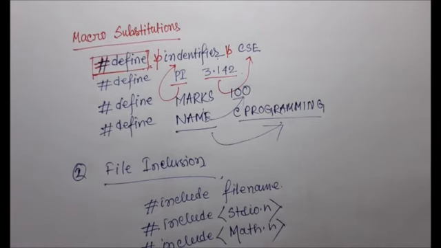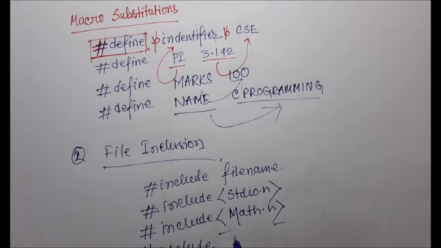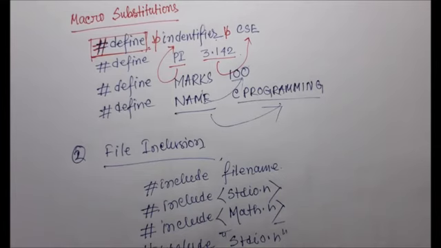We can also write it with double quotes instead of angle brackets, like #include "stdio.h". Even you can write, for example, #include "fact.h".